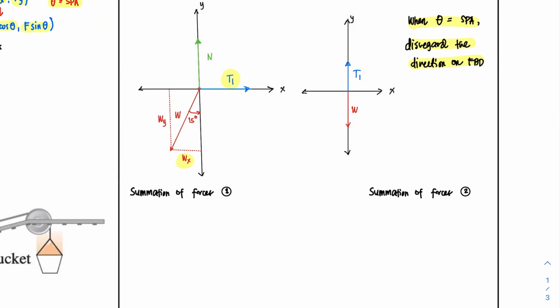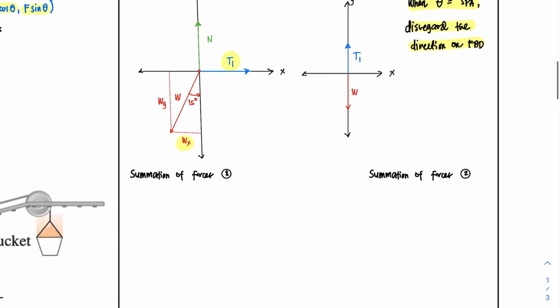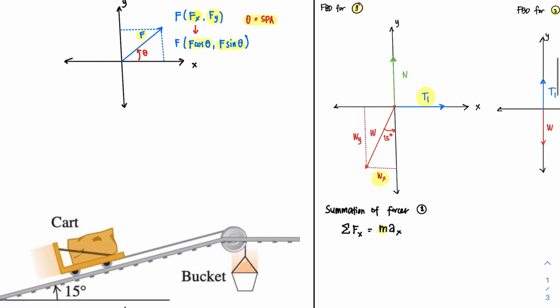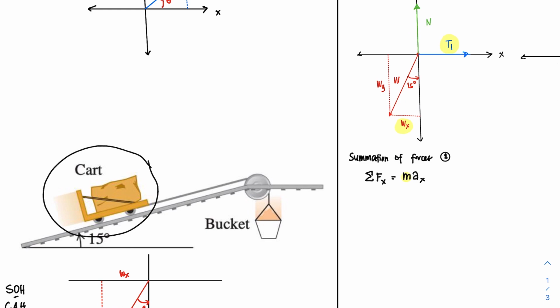For body 1, again, I'm hoping you understood now why we have this. First, the sum of the forces, we indicate that we are looking at x, so we have subscript x, is equal to mass multiplied by the acceleration also along x. The mass we are talking about in this case, since this is for body 1, is the mass of this body 1 where we based our free body diagram.